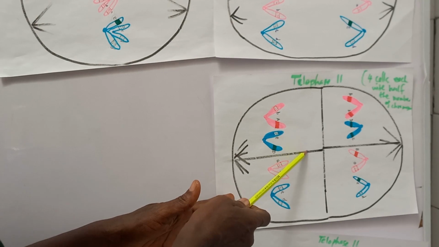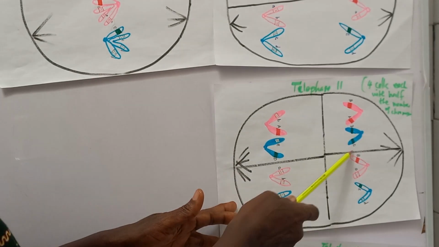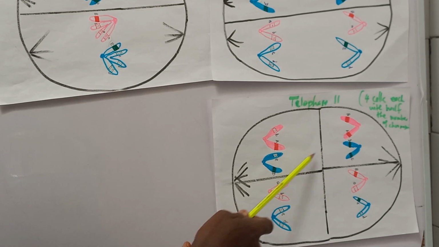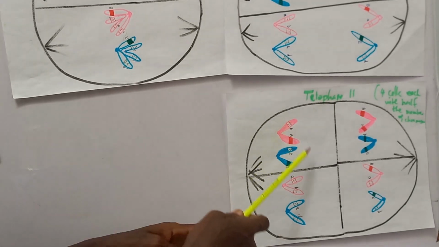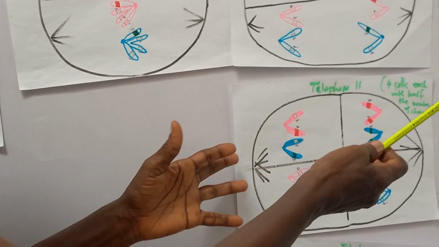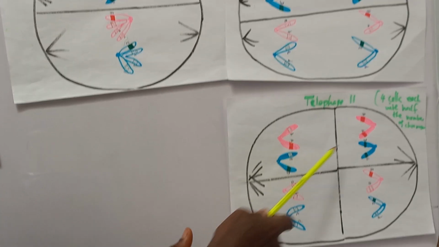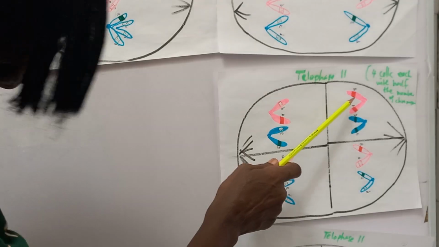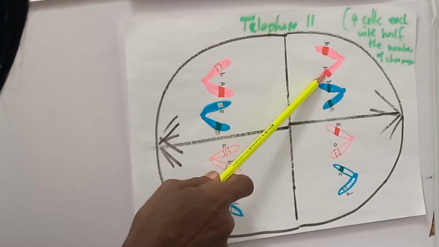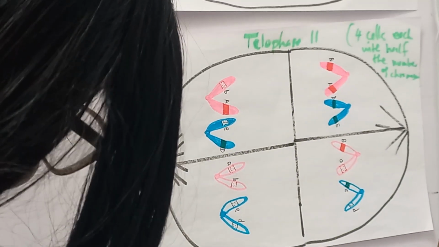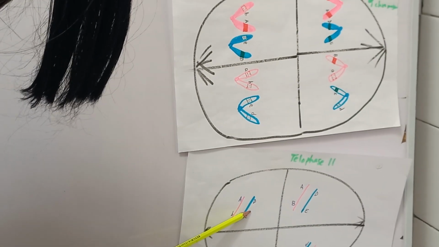Then you have telophase 2 where the cell divides into 4. And you see we have 4 cells, each with 2 chromosomes. These chromatids finally become chromosomes again. So we have 2 chromosomes in each. And if you look at the genes on the chromosomes, this is gene big A and big B chromosome, big A and big B. And this chromosome is here.